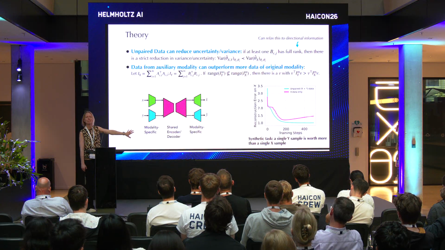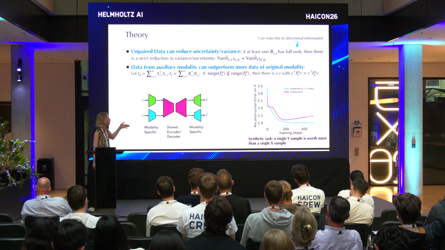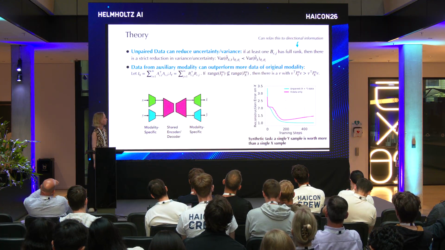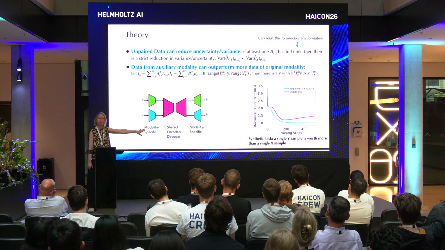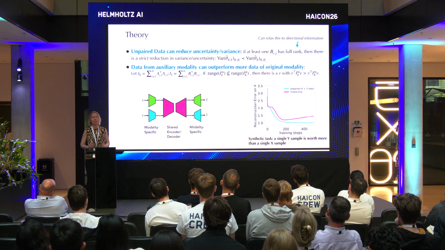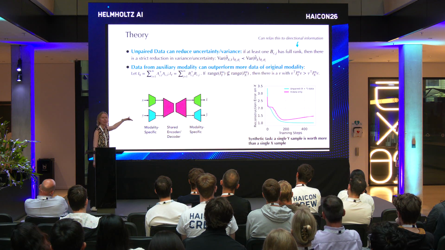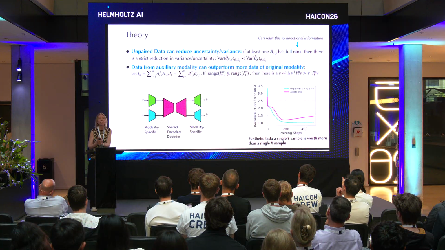This is a simple Gaussian setting. I'll show you the real one in a minute. What it shows is if I get more of the X data, the pink line, I get only so far. But if I get X and Y data, the two different modalities, the two different views, I can do better. So I have these two different modalities, and I'm trying to estimate the same thing with both.